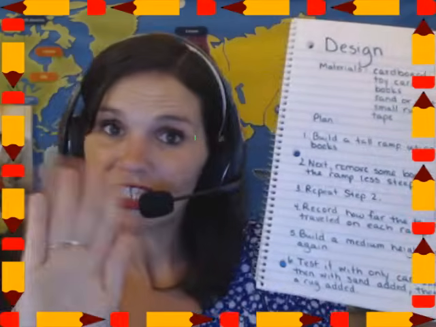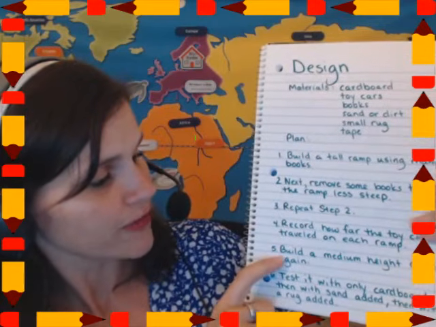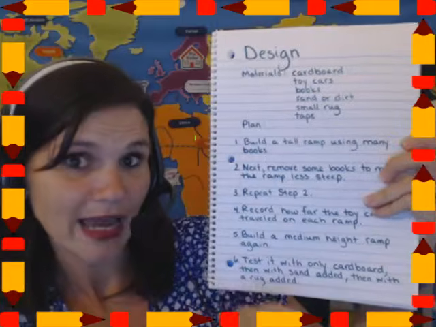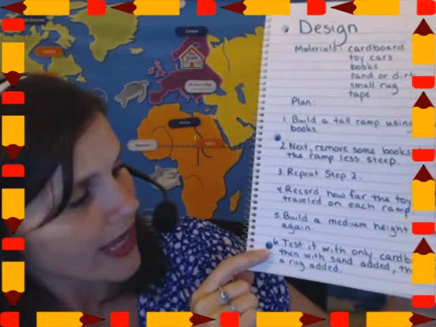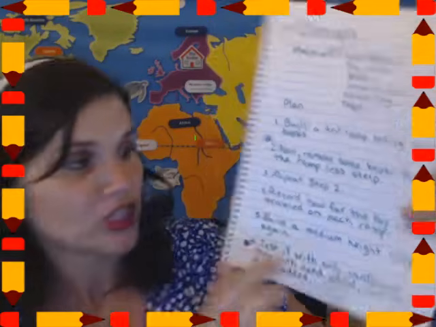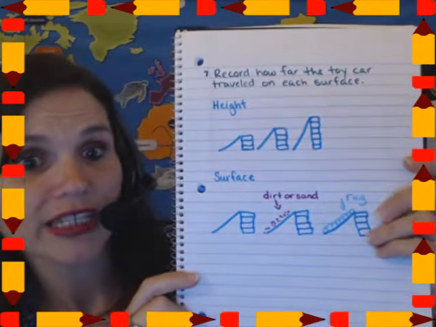So remember, you don't want to change the ramp's height when you're testing the surface. So for my surface tests, I'm going to use a medium height ramp every time on all 3. Then I'm going to test it with only cardboard, then with sand added, then with a rug added. So I'm going to do that in step 6. My last step is step 7. Then I'm going to record how far the toy car traveled on each surface.